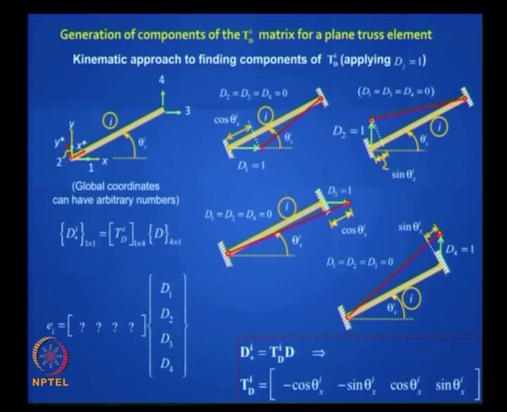The plane frame is an advancement on the plane truss, because in a plane truss you have 4 degrees of freedom in the conventional system. So we are familiar with this transformation, minus cos theta, minus sin theta, cos theta, sin theta, and you will recall there are 2 ways of deriving this. This is the kinematic way, but there is also an easy static way where you get the TD transpose matrix. So you are familiar with this.